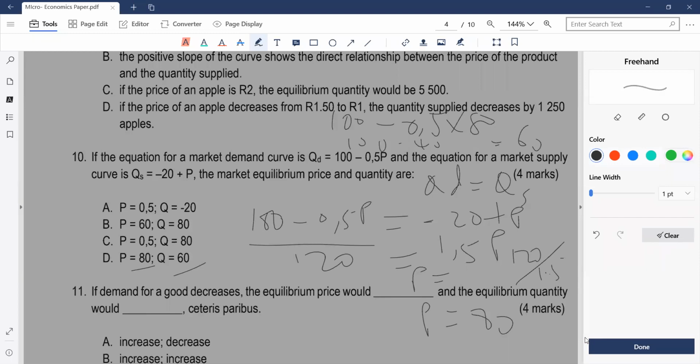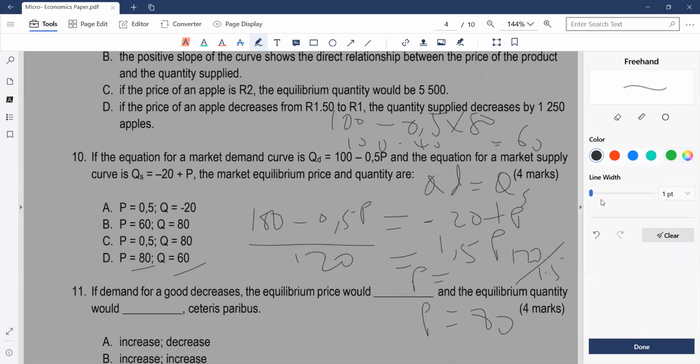That's how we get our answer. So our answer is D there. You have to take the two expressions, put them together, then solve the equation. Are you happy? Number 10 is D.